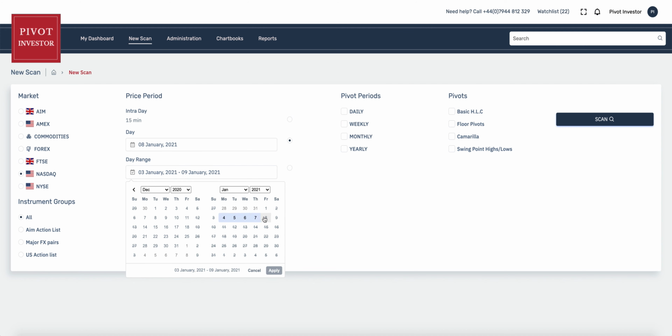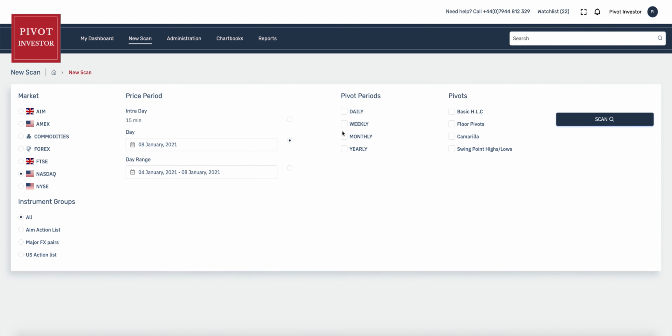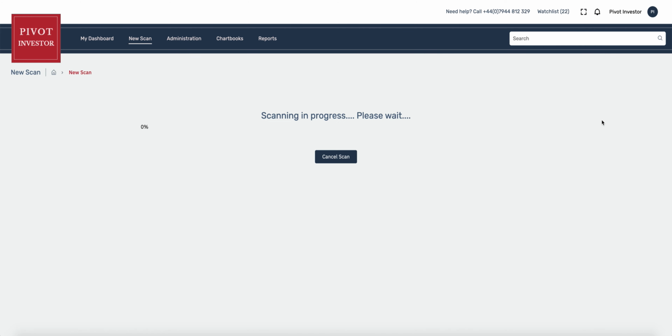I want to look at the price range for the last week and see if there were any yearly pivot values. The pivot type I'm going to be looking for are the floor pivots, and that's what we had our charts on when we were looking at the broader market, the winners and losers from the past week.